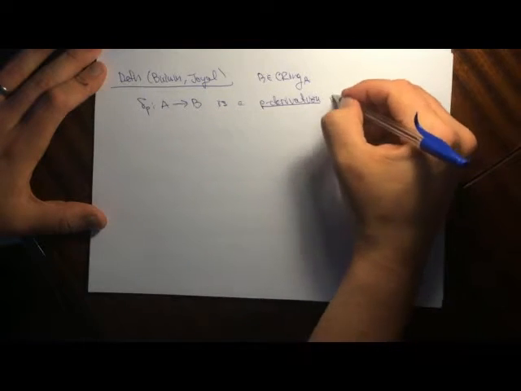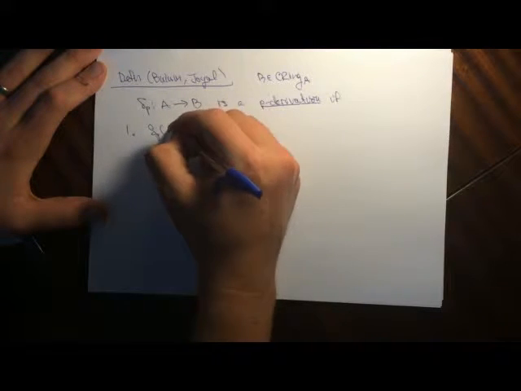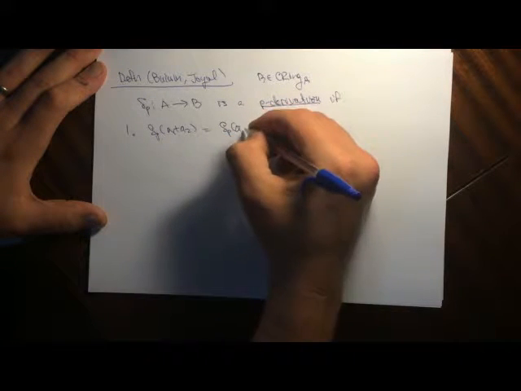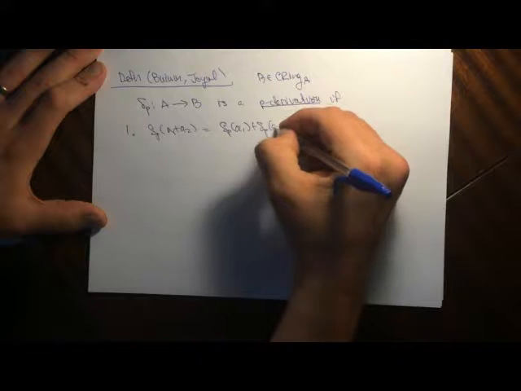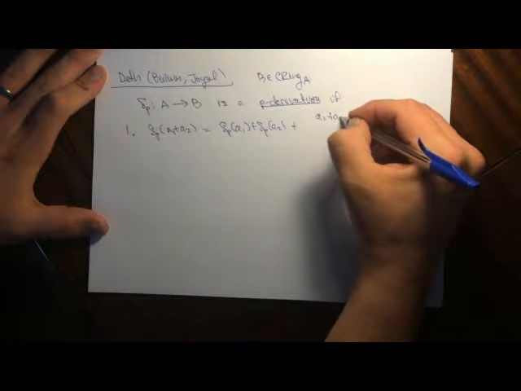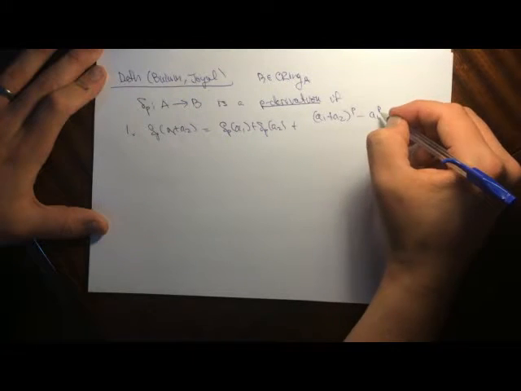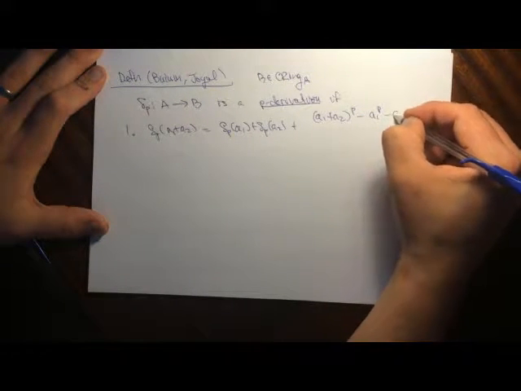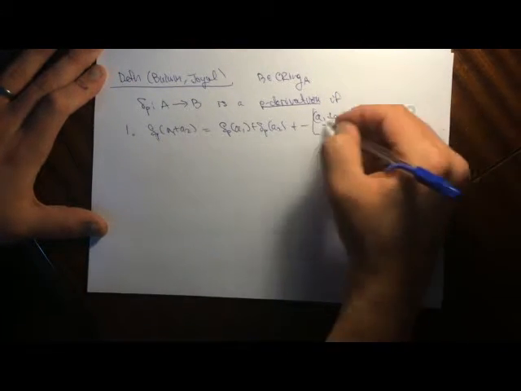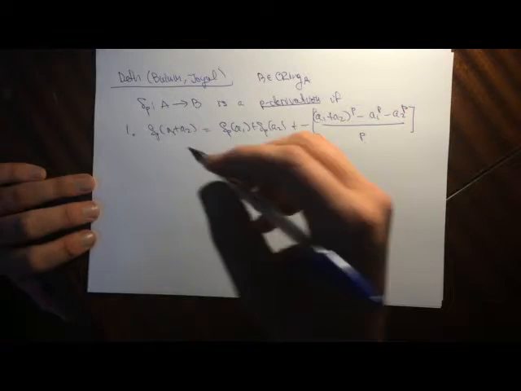Then we say it satisfies the following axioms. Delta p of (a1 plus a2) is equal to delta p of a1 plus delta p of a2 plus, and then I'm going to write this formula here, (a1 plus a2)^p minus a1^p minus a2^p, divided by p. So this thing here actually has integer coefficients, so you can expand this out, and then the binomial coefficients will be divisible by p. p is a prime, of course.